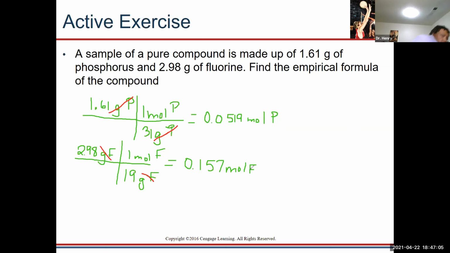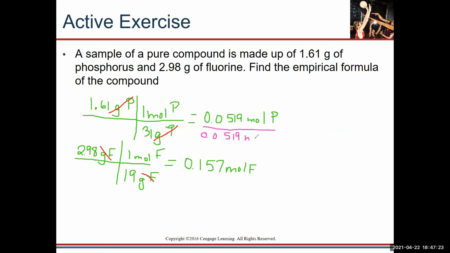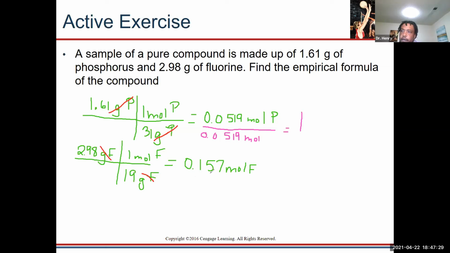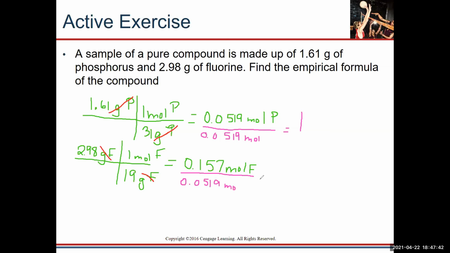So if I divide both of them by phosphorus, we divide phosphorus by itself, so that's going to equal 1. And then if I divide this one by that same number, .03.